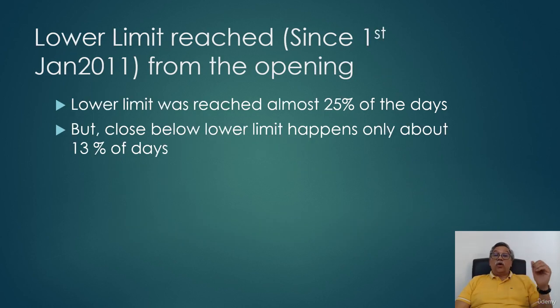The lower limit was reached on almost 25% of the days, but the close below the lower limit was only on 13% of the days. So almost half the times it crossed the lower limit, but again came up and closed within the limits. So you get a significantly high number of within-the-limits closes.